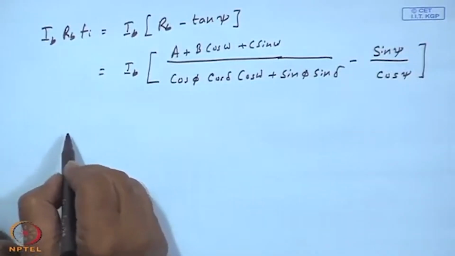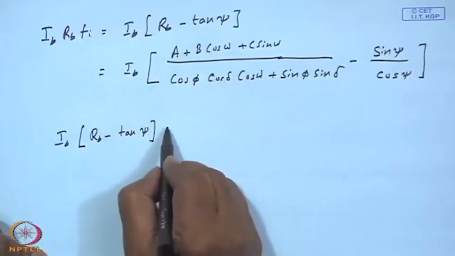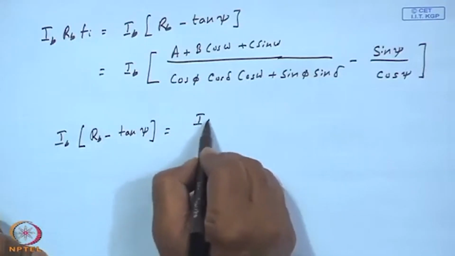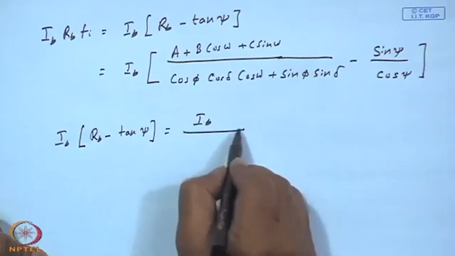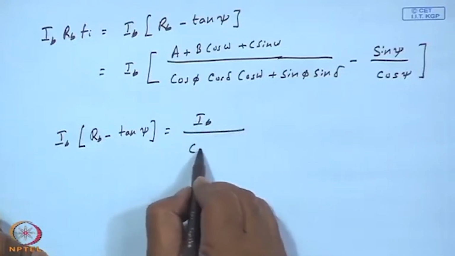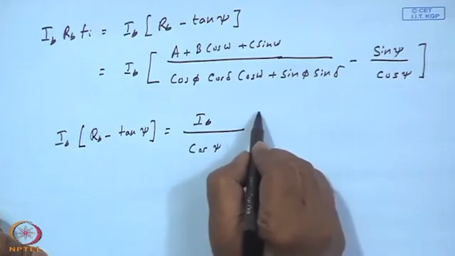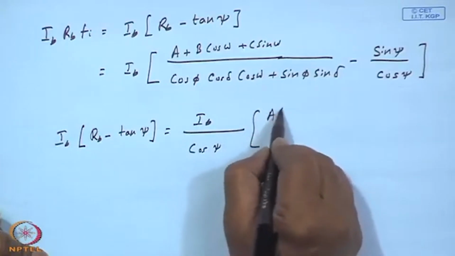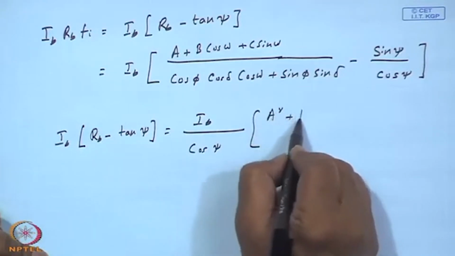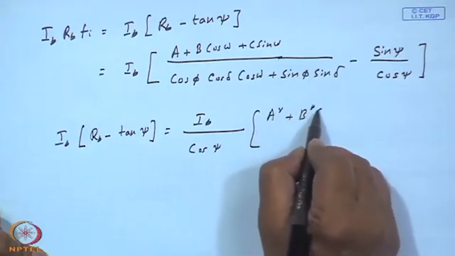So, what I can do is IB times RB minus tan psi, that is what you have here, should be equal to IB by cos psi times A star plus B star.